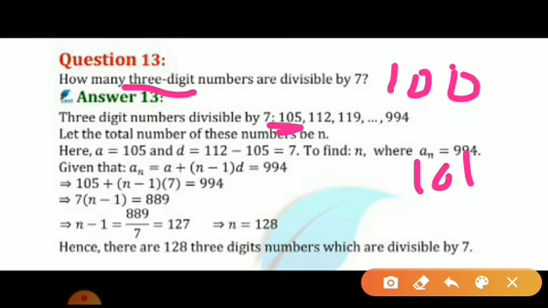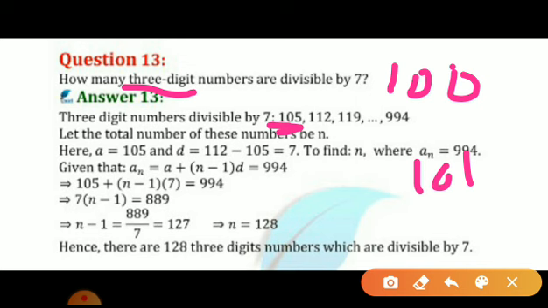The next term will be much easier to find. Since 105 is divisible by 7, my next term will be 105 plus 7. No need to check for 106, 107 and all. Directly you can add 7 and write the next term. That means I have been given the first term, right?